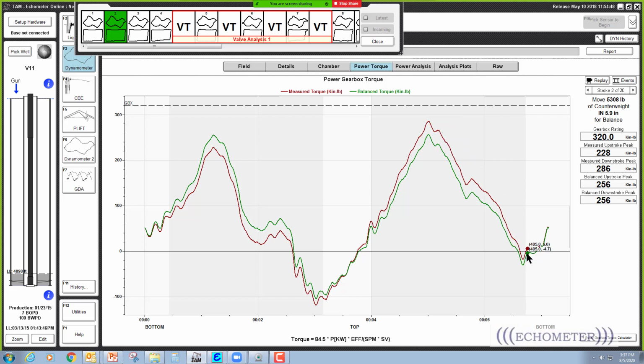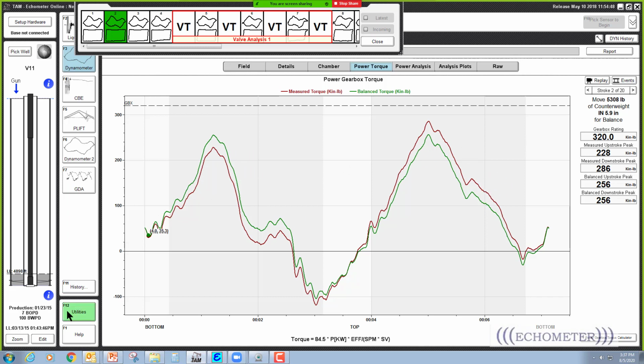So this is created by the rods making the motor spin faster than 1200 RPM. So when the kW drops below 0, that means that the motor speed is going faster than 1200 RPM and it's generating power. So this is a typical net torque curve or net kW curve for a conventional pump unit.